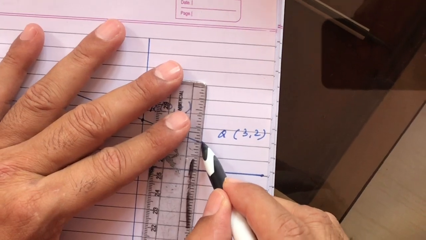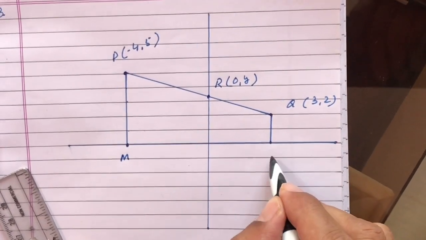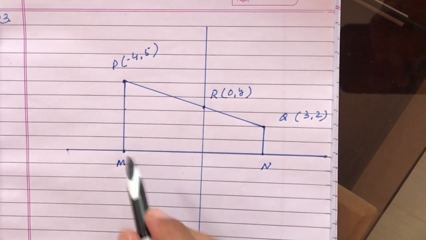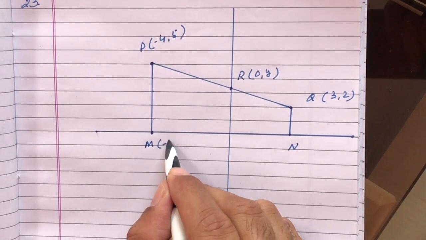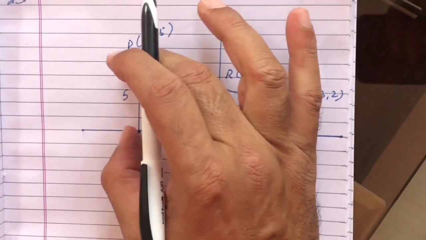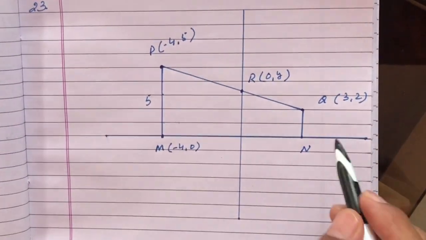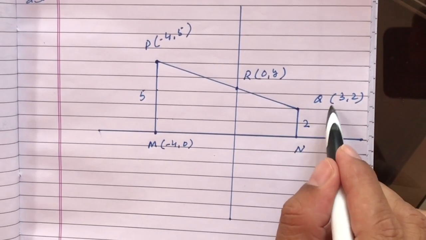From Q, a perpendicular is drawn on the x-axis. This is PM, this is QN. Now what will be the coordinates of point M? It will be (-4, 0). The length of MN will be 5 because this side is 5. The length of QN will be 2 because this point is (3, 2).